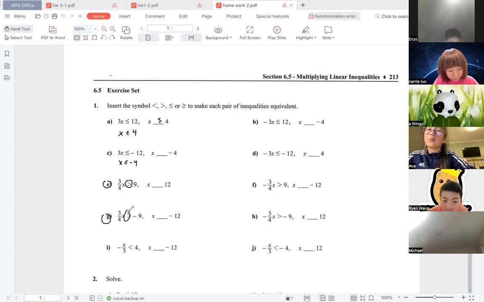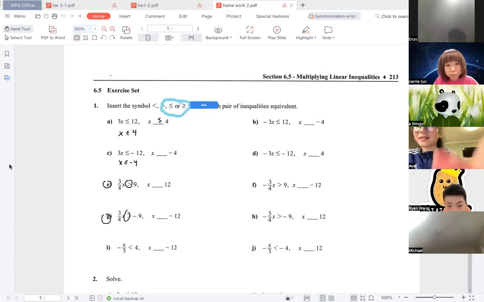Then what's the point of two different equal symbols? Ava, what is your question? Can you say it again? What do these two things mean? Oh, that means this one's smaller, this is bigger, this is smaller or equal, this is bigger or equal. Okay.